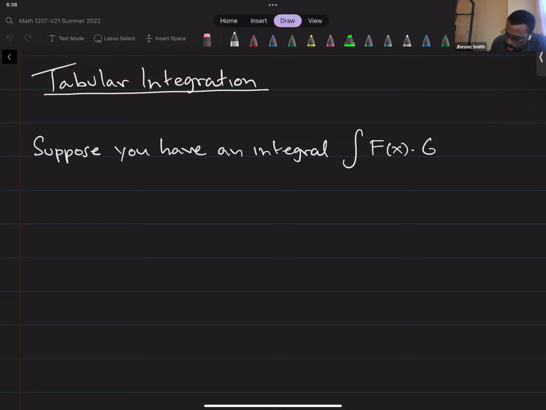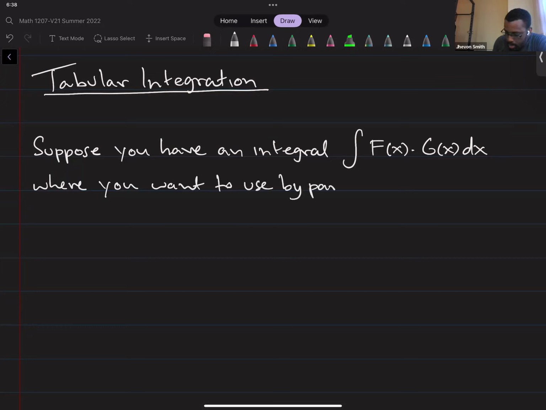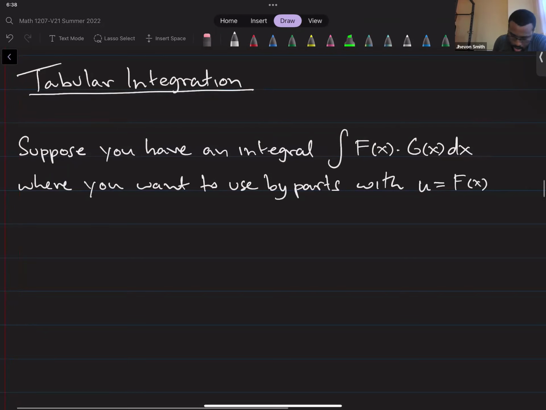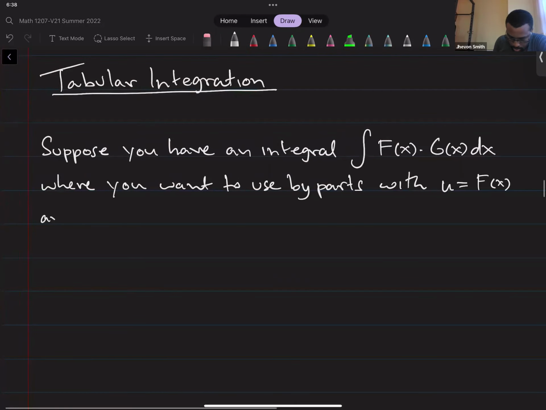Suppose you have an integral, f of x times g of x, where you want to use integration by parts with u equals f of x and dv equals g of x dx.